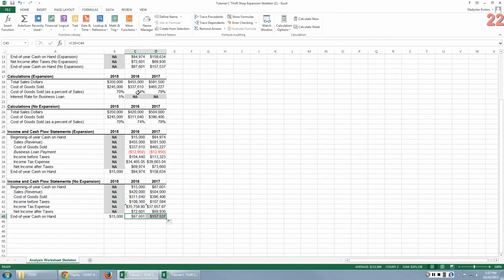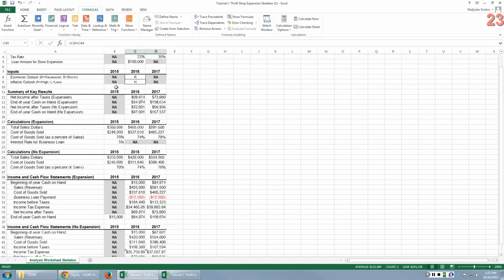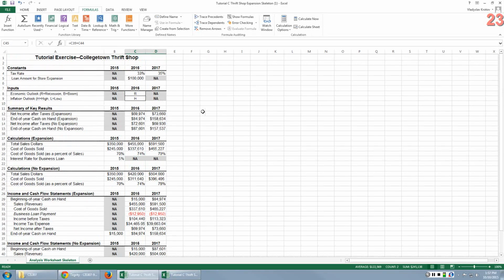Okay. So now we're done. I mean, now we have hopefully exactly the same model you have in your textbook. Later on, we'll try to alter certain parameters and try to interpret those results in a bit more detail. But for now, just a high-level interpretation of your financial possibilities given those parameters.